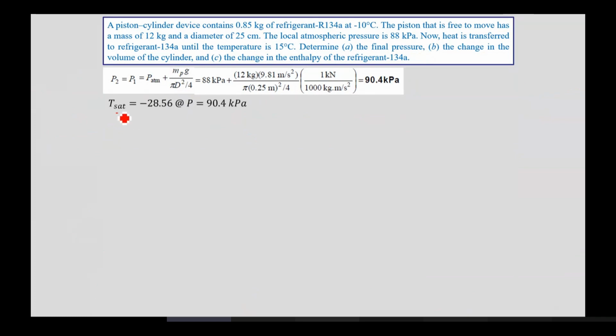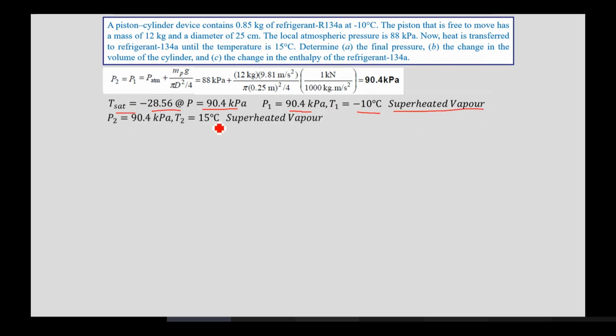This means that if your saturation temperature is this at 90.4 kilopascal, for state 1, since your temperature is minus 10 degrees centigrade, which is greater than saturation temperature, you are in the superheated vapor region. Similarly, for the second state, you are again in the superheated vapor table.